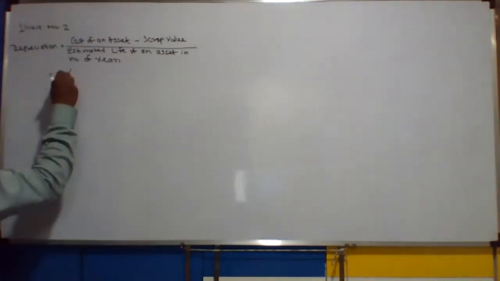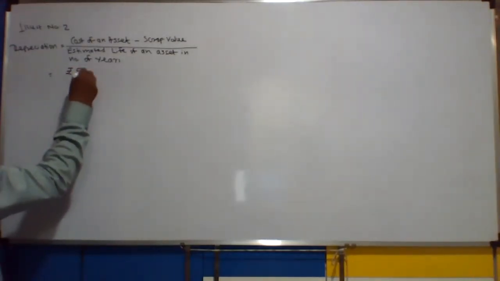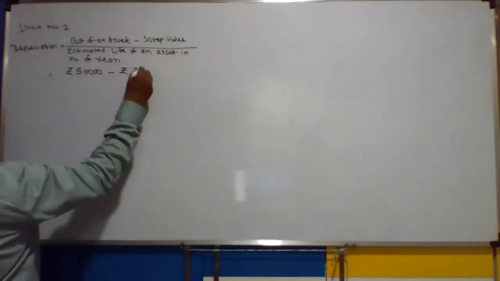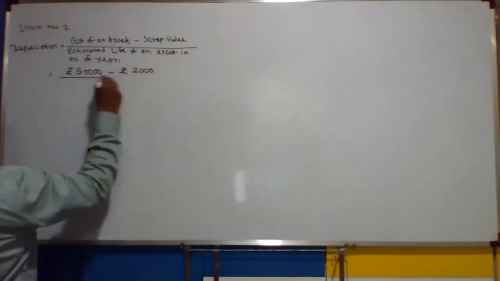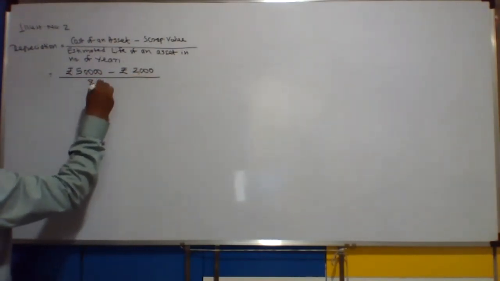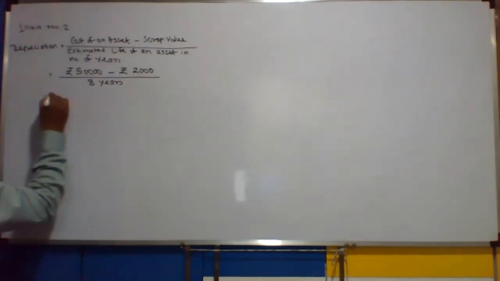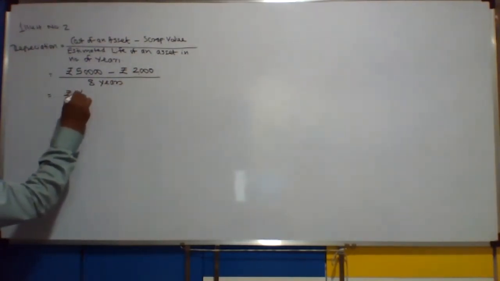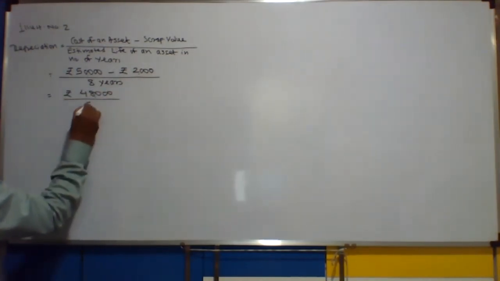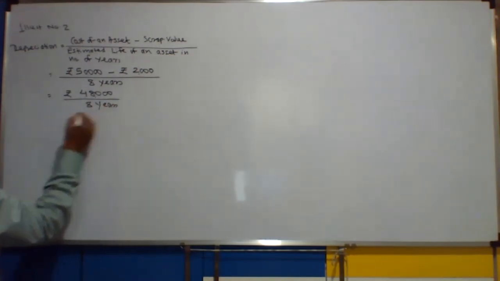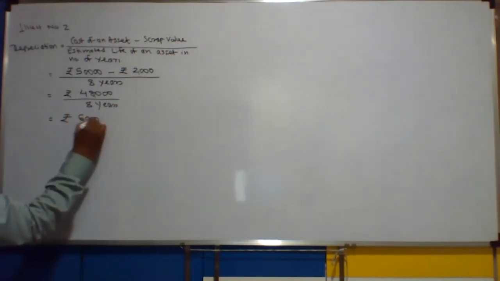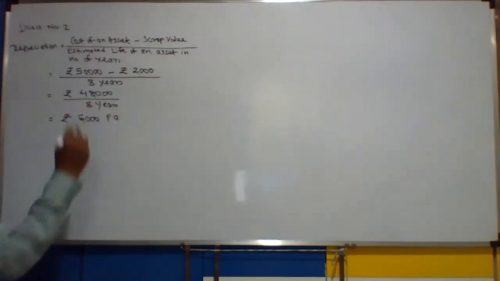So rupees 50,000 minus rupees 2,000 divided by estimated life of the asset is 8 years. That is 48,000 divided by 8 years is equal to 6,000 per annum.